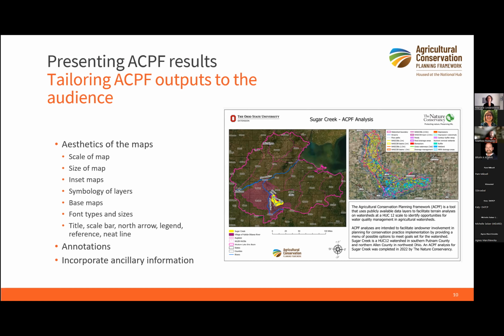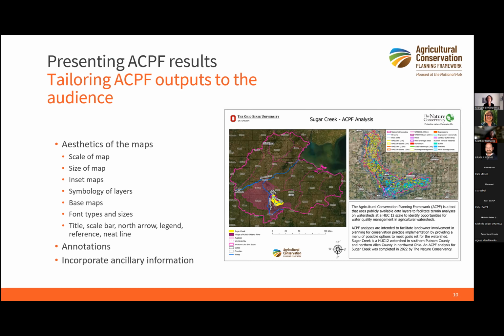If you can get bigger ones, that's something you can talk about doing, but you have to consider how large you need that print map to be. If you have a large watershed and you're trying to show some of those smaller features, do you need some inset maps inside the larger map area to show different smaller zoomed in areas?